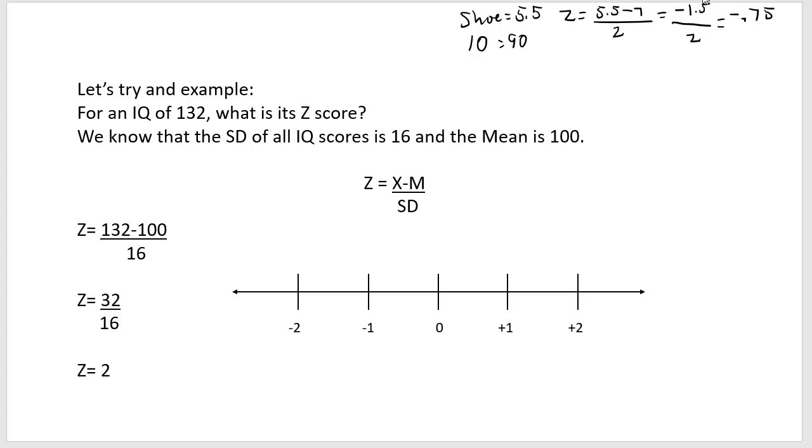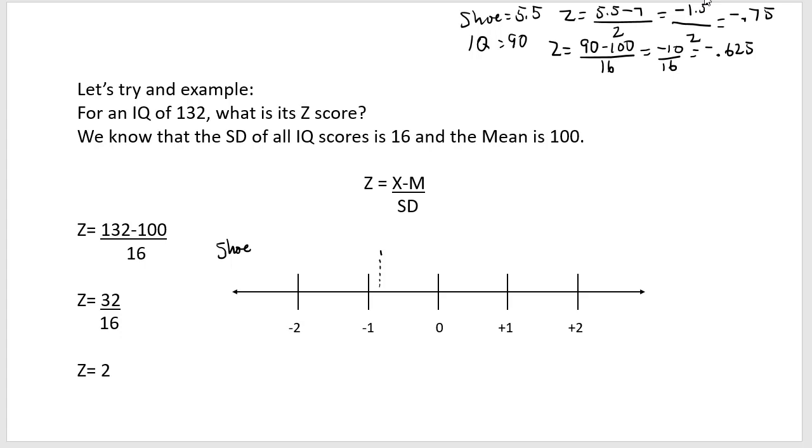So the shoe size that we're interested in has a z-score of -0.75, somewhere in this neighborhood. Now our IQ of 90 is set up the same way. Z is equal to 90 minus 100 divided by 16, which is equal to -10 divided by 16, which is equal to -0.625.